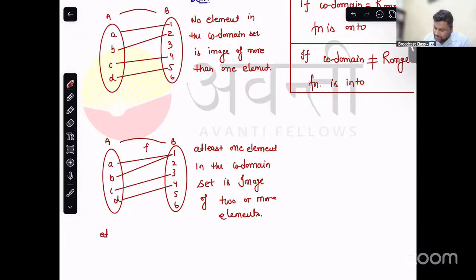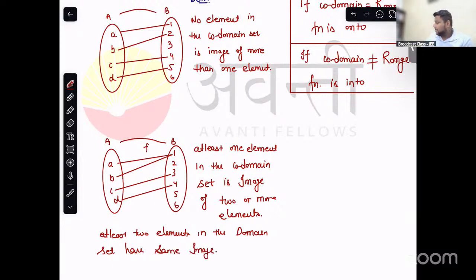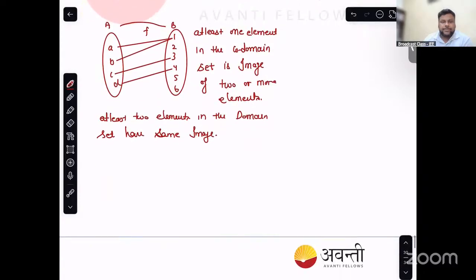You can also write at least two elements in the domain set have same image. Am I correct? Is it okay with everyone? At least two elements in the domain set have same image.